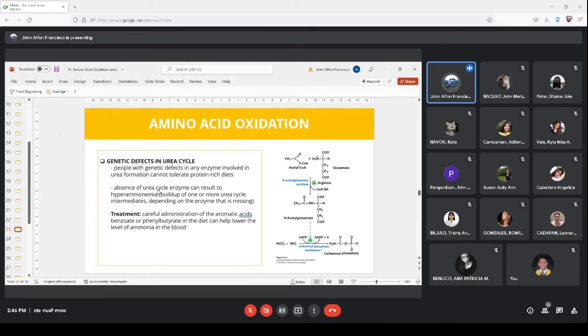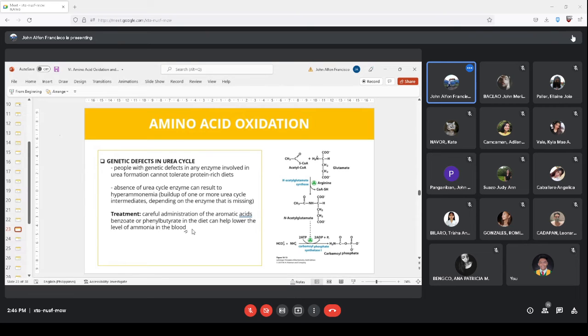Absence of a urea cycle enzyme can result in hyperammonemia or buildup of one or more urea cycle intermediates, depending on the enzyme that is missing. Treatment is careful administration of aromatic acids in the diet, which can help lower the level of ammonia in the blood.